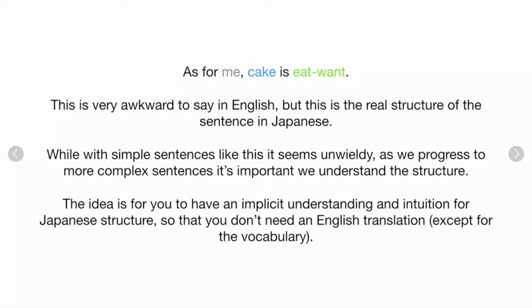How does it join and stuff? It's weird. It doesn't really make sense. But if we see it from the individual block level, we can understand the full picture. And so I want you to have an understanding of the Lego blocks rather than the English translation, so that in the future, if you come across a new Japanese sentence that you don't know what it means, you can look at the individual Lego blocks and piece together how the sentence works.